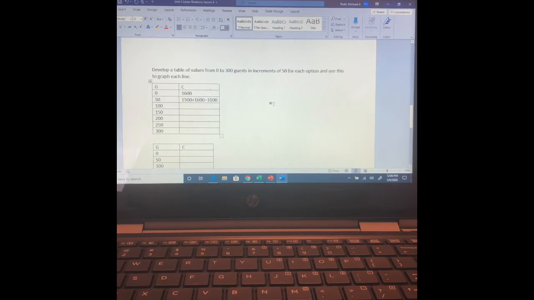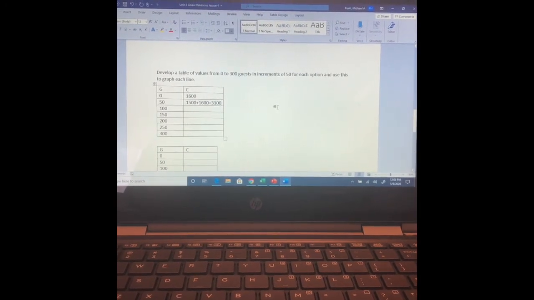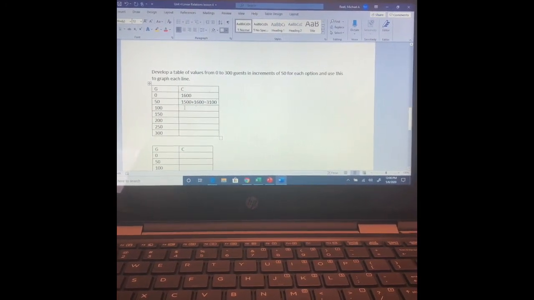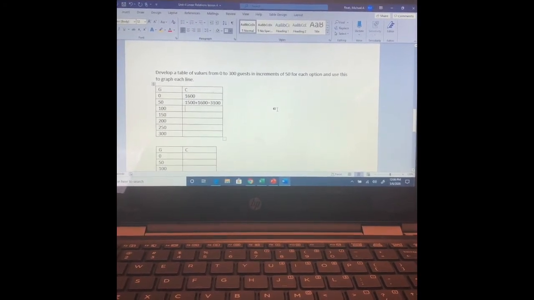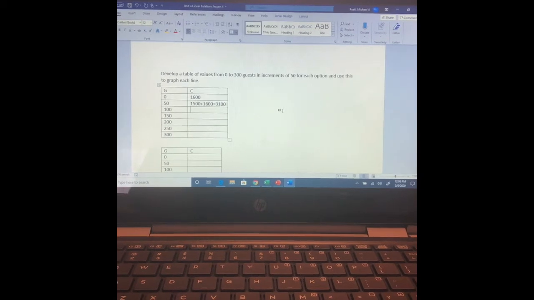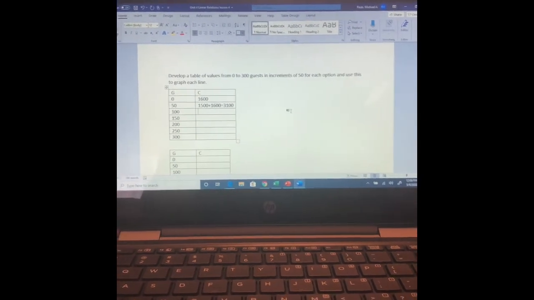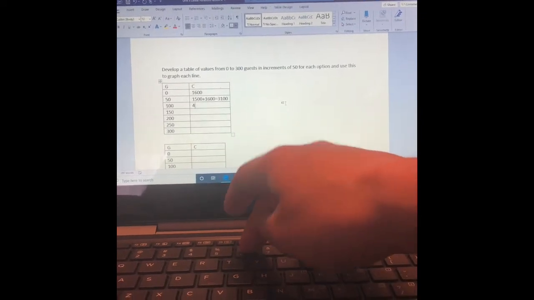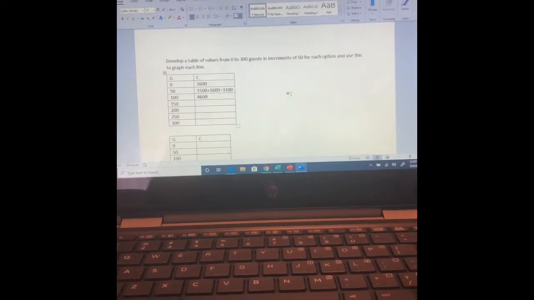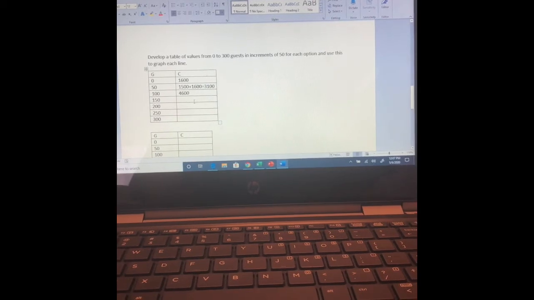So 50 times the 30. Now, if you've got 100 guests at 30 a pop, that's 3,000 plus the 1,600 is 4,600.